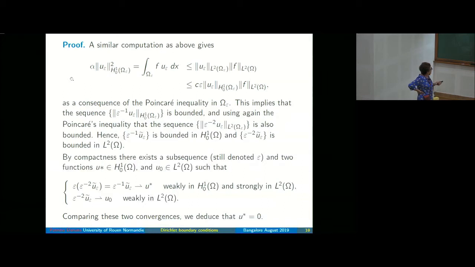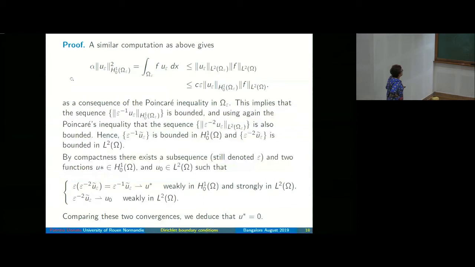We have that this one is bounded there. Maybe it's the contrary, actually. Yes, so we have the strong convergence in L2 of this one, so this goes to 0, so u star is 0.